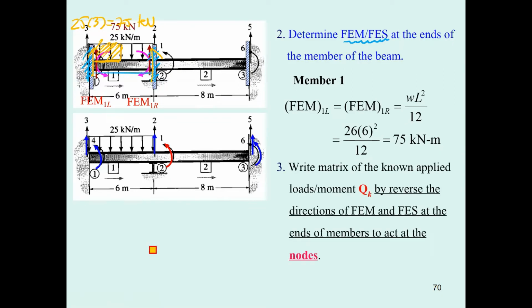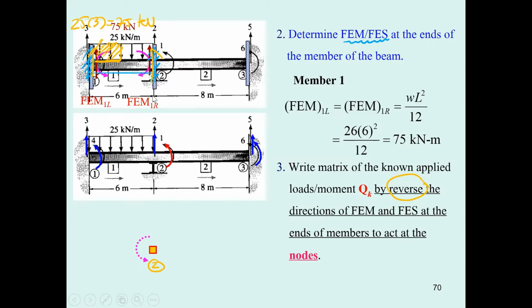Now we have to use these fixed end moments and fixed end shears to apply at the node. This is node number 2. Node number 2 has what? It has degree of freedom number 1 and number 2. And then you just transfer the 75 kilonewton meter for the moment.